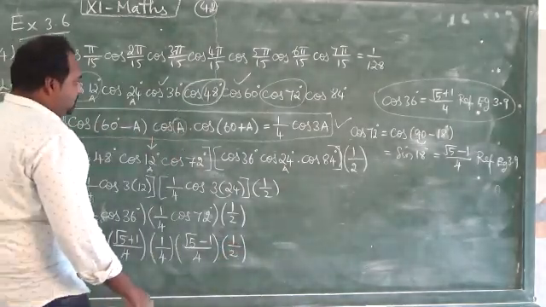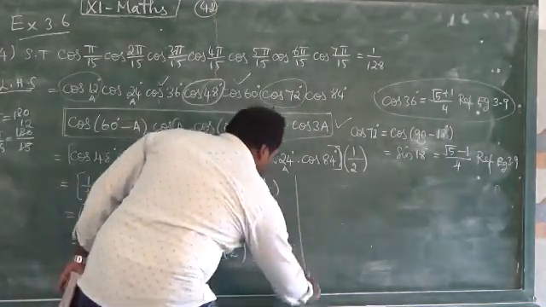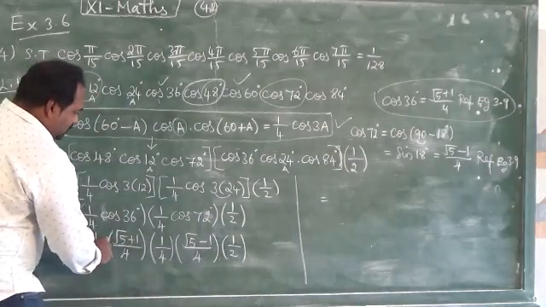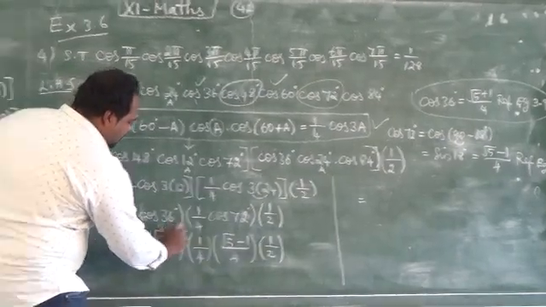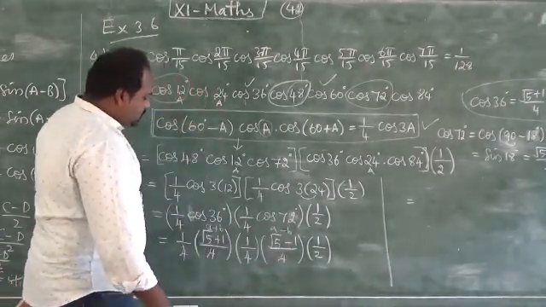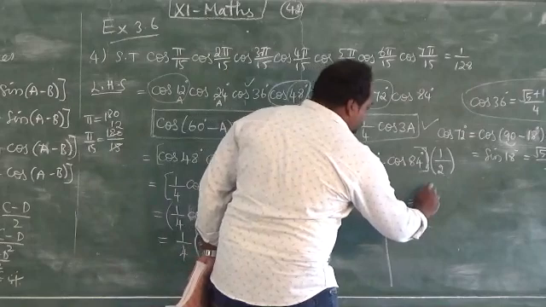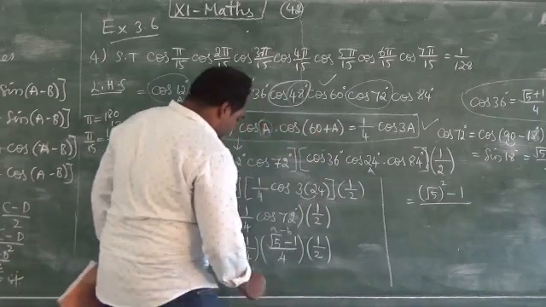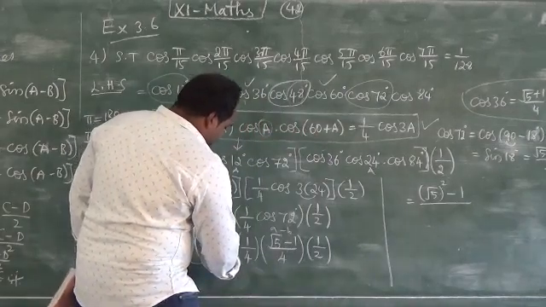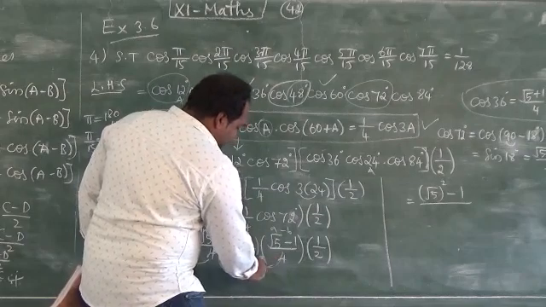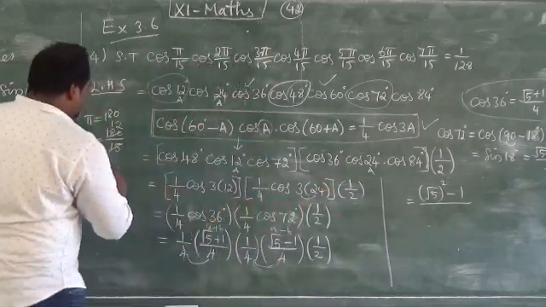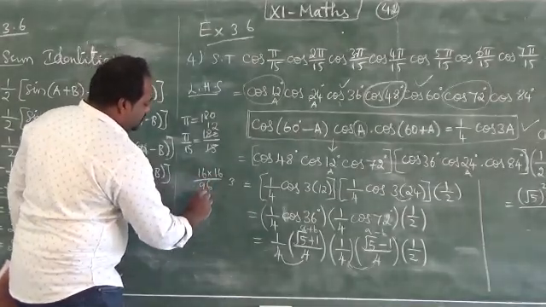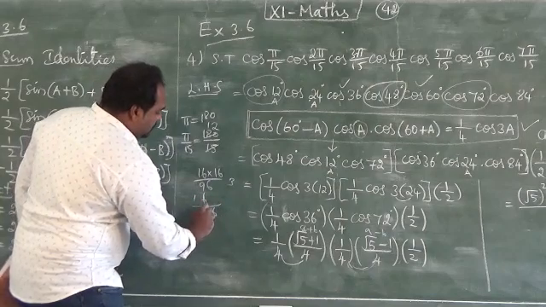Just multiply all the values here. Multiply the numerators first: we have a plus b into a minus b, isn't it? So a plus b into a minus b is a square minus b square, root 5 whole square minus 1 square, by the denominators, here 16, here 16, 16 into 16, 256.